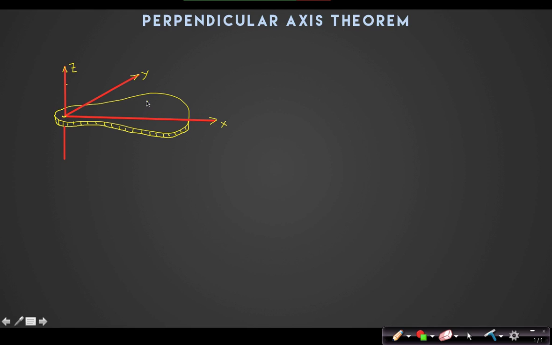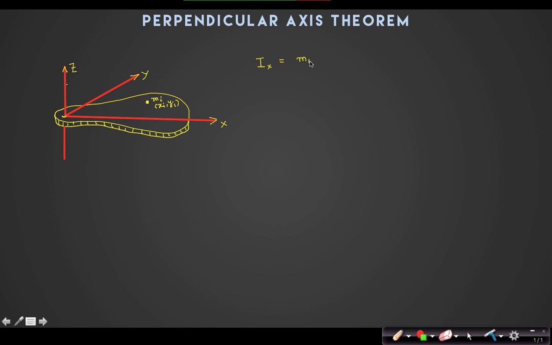Now you take any small point mass mi. What will be the coordinates of this point mass? Will there be any z coordinate? No. x comma y. xi comma yi. These are the coordinates of the point. Now if I ask you, what is the moment of inertia of that point object about the x-axis?